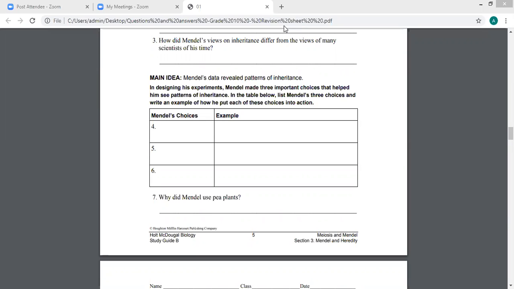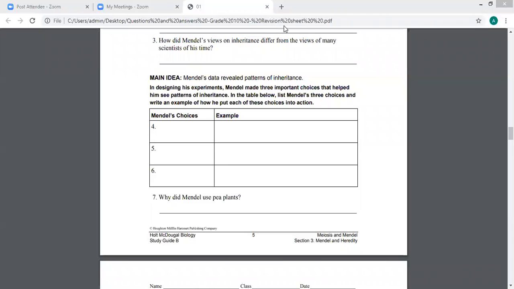Firstly, he ensured that the pea plants used are pure, or purebred. So he removed the stamens and covered the ovaries of the plant to prevent mixed pollination and self-pollination, to be sure that all of the plants used are pure.